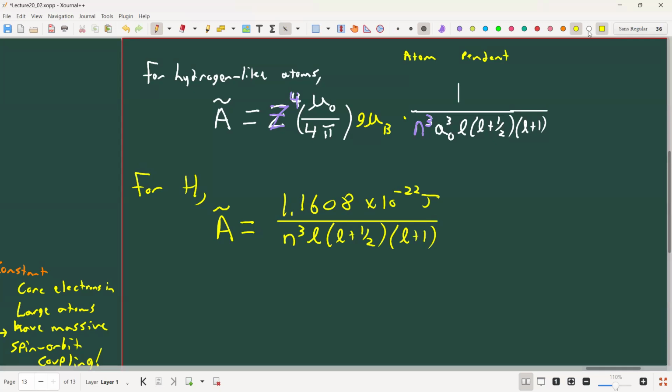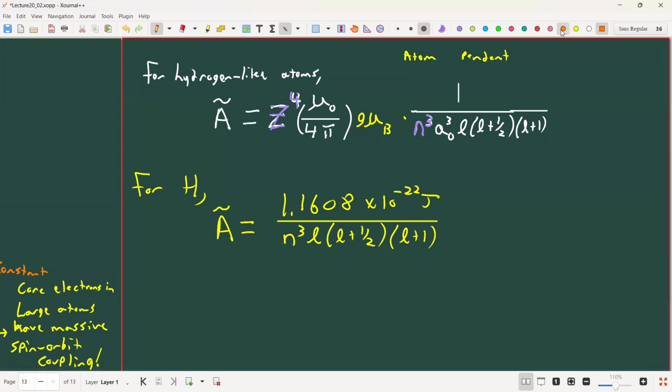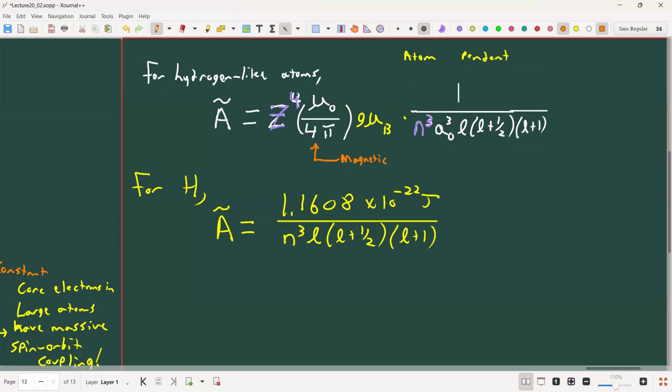Okay. Let me just say a couple things about the constants up here. This is what's called the magnetic permittivity. Remember that epsilon naught number? This is the magnetic equivalent. The magnetic permittivity tells you how effectively you can transmit magnetic forces across the vacuum.